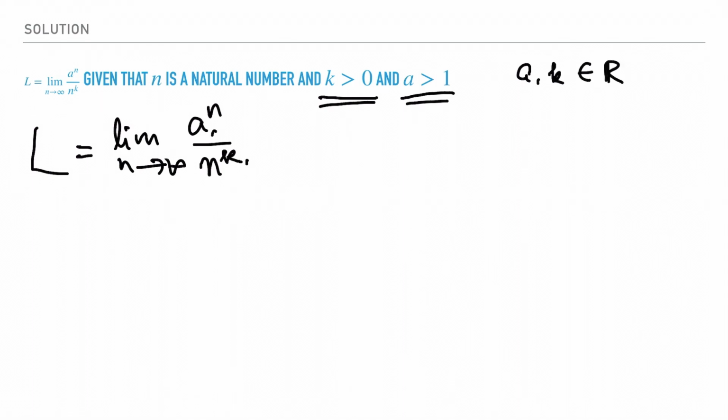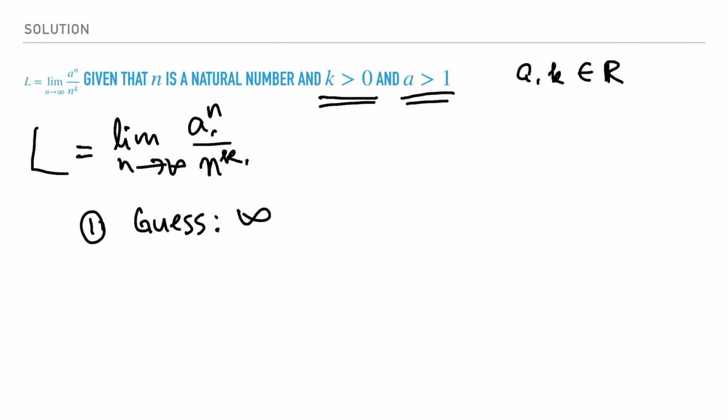Now to evaluate this limit, I will go through 3 steps. First, I'm going to make a guess. And for this limit, my guess is that it approaches infinity, and the reason for that is as follows. In the denominator there are k factors, and in the numerator there are n factors.